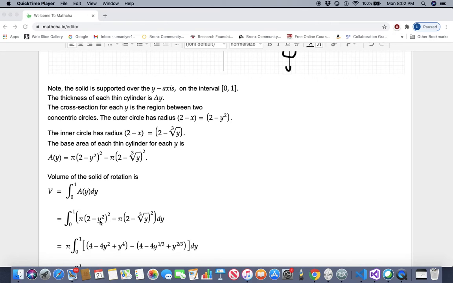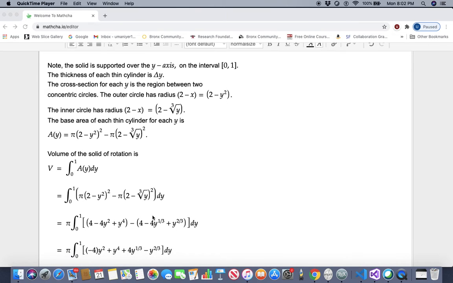You bring it out, and these are complete squares, so you need to use your formula: 2 squared minus 2 times 2 times y squared plus y to the power 4, minus, 2 squared minus 2 times 2 times cube root y plus cube root y squared. Notice we have written it in terms of powers.